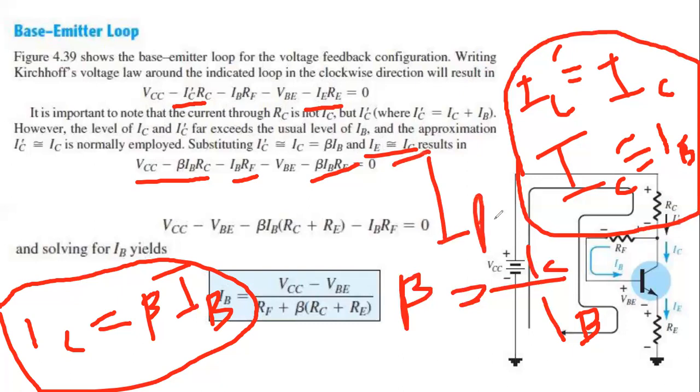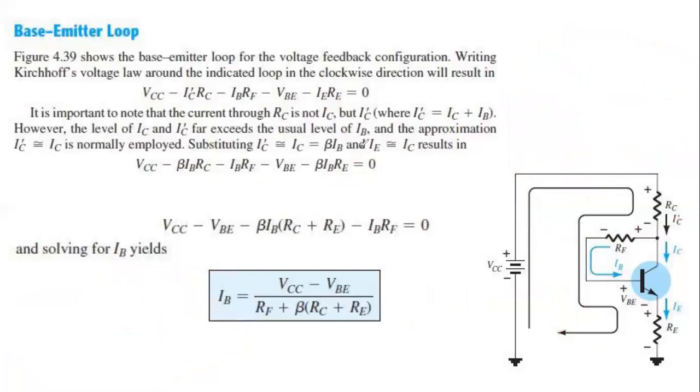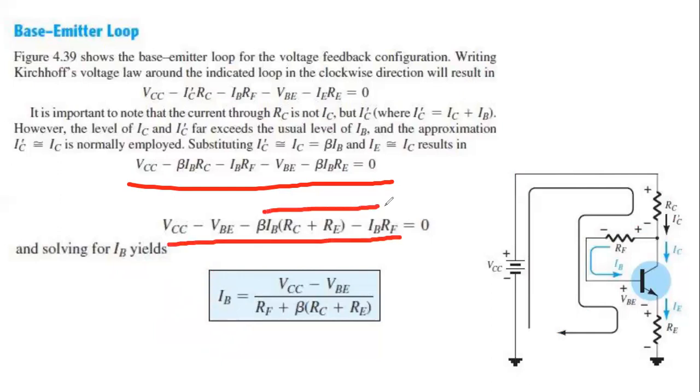Because from the input side we tend to find the input current. So from this equation we can take the common of IB from one side. If we take the common of IB, then it will be something like that. We take all the IB terms on the other side, take the common, and finally divide by those all terms.